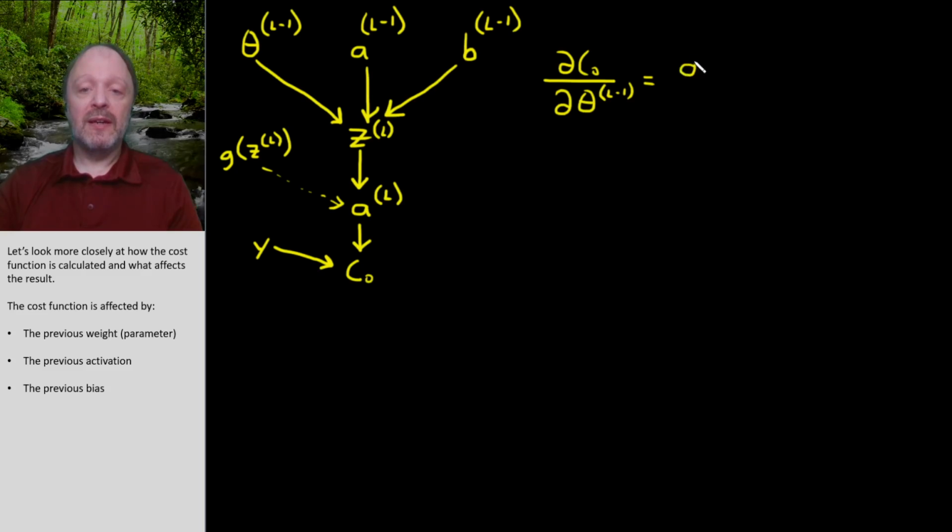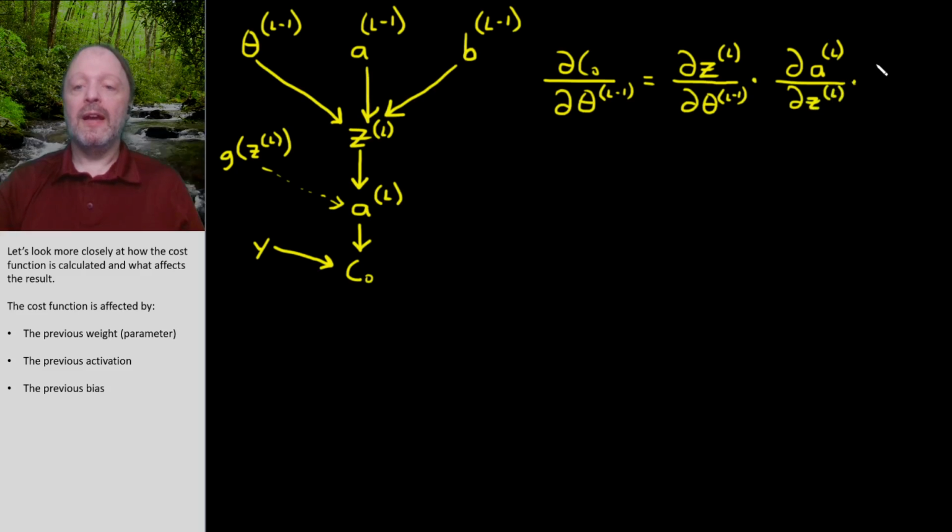This would be how the partial affects the z, how z is affected by the previous weight. And then I want to see how the A is affected by the Z. And then finally, how the cost is affected by the activation.